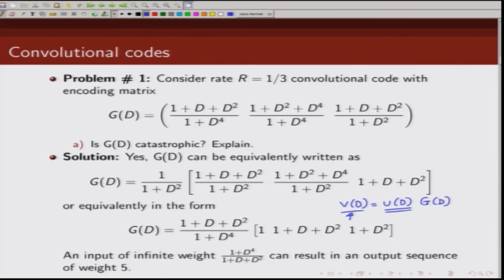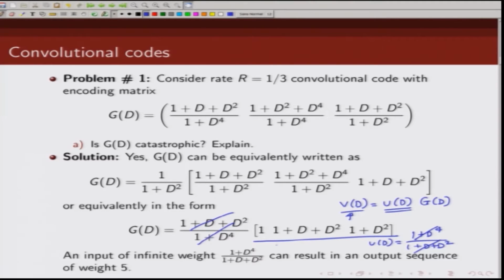If we pay close attention to G of D, we notice that if our input U of D is chosen as 1 plus D4 over 1 plus D square, then the output will be U of D times G of D. This term will cancel these terms, so what you will be left with is this.